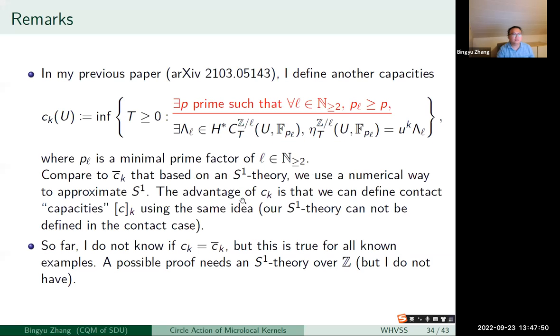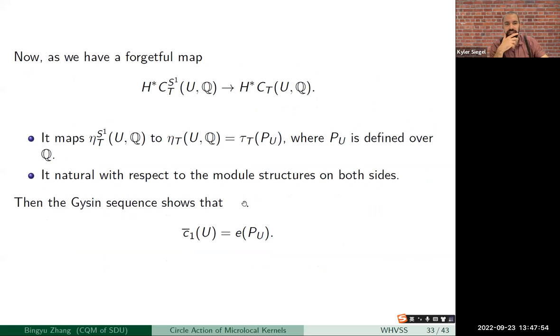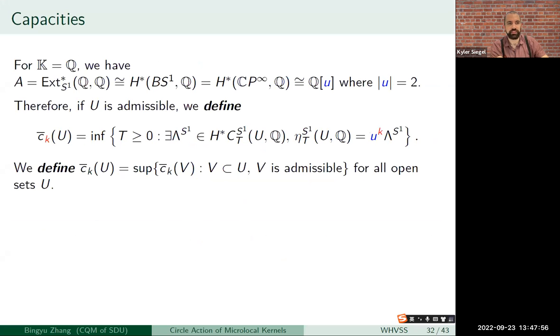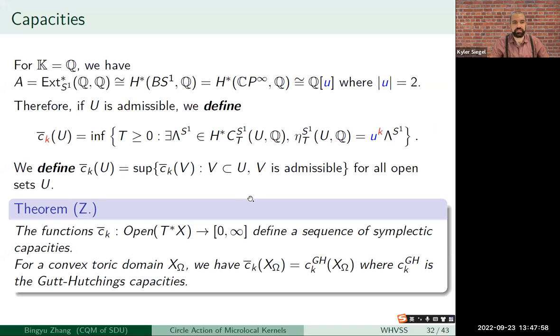Sorry, can I ask something on the previous, I guess two slides back? This theorem, is this by the fact that these capacities agree with the Gutt-Hutchings capacities? Is this by computation? By computation. I see.